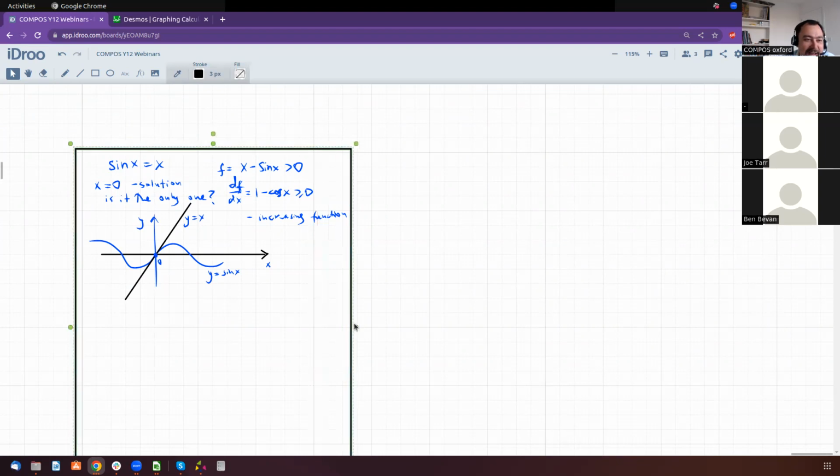Now, how about this? Sine x equals 1/2 x. Well, what can you say? What can you say about this equation?